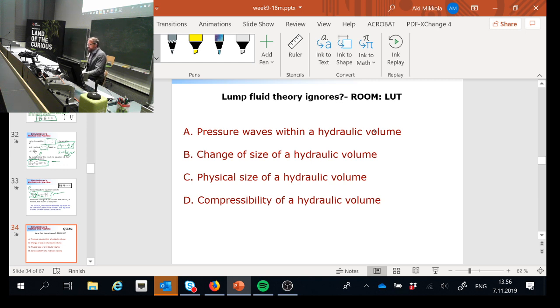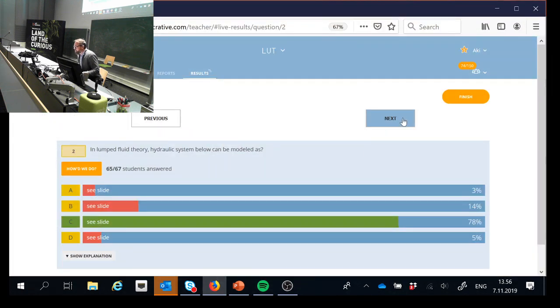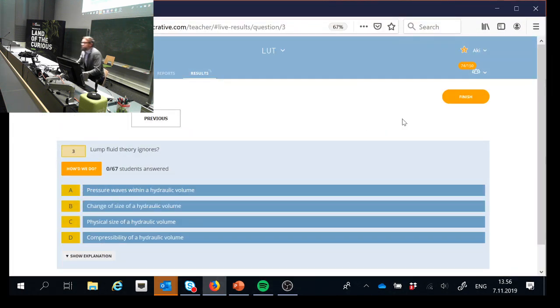Then change of the size of the hydraulic volume, physical size of the hydraulic volume, compressibility of hydraulic volume, and let me go and, okay, go ahead, shoot it. And that's it. Then that's what we're going to close. Okay? So once you're done, you're good to go. See you on, what was it again? Tuesday.